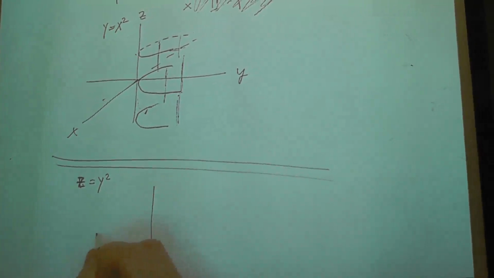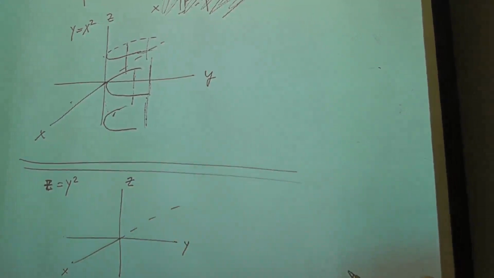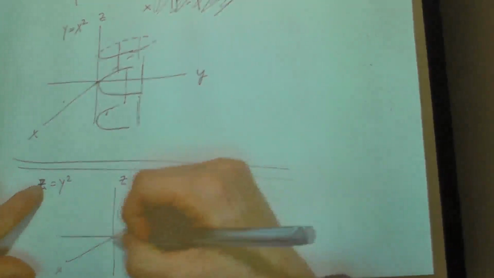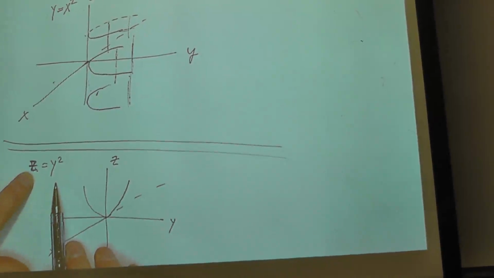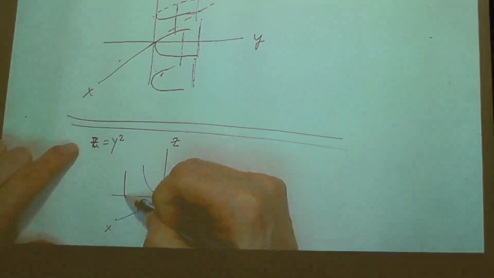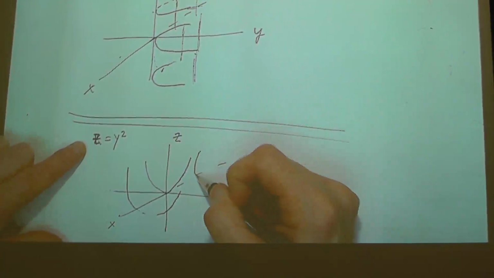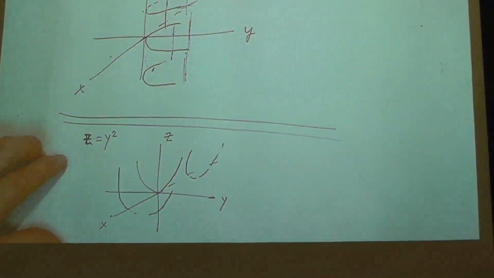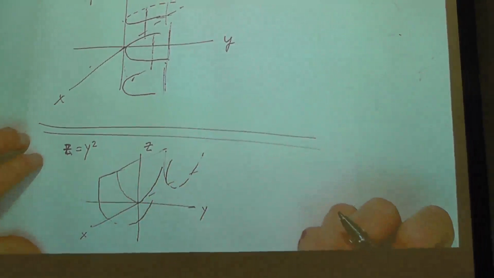So let's see if I can do this one correctly. Here's x, here's y, here's z. Z is always positive, so in the plane of the paper, this is my z equals y squared. And then what I want to do here is pull this up and down along the y-axis. That's a lousy picture.